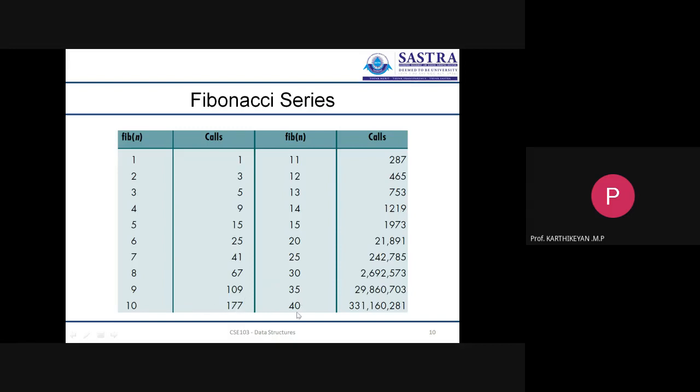And for the 40th term, see here how many function calls are required. So printing the Fibonacci series using a recursive function call, the recursive implementation, is very less efficient compared to its equivalent iterative solution.